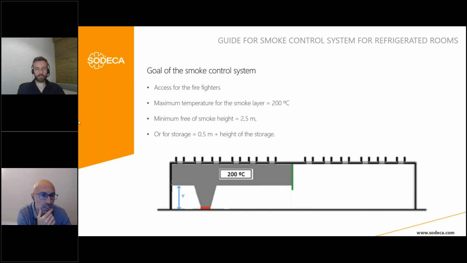Or if there is storage in the camera, the smoke layer should be 0.5 meters above the height of the storage. These are typical in all the smoke control standards based on buoyancy.